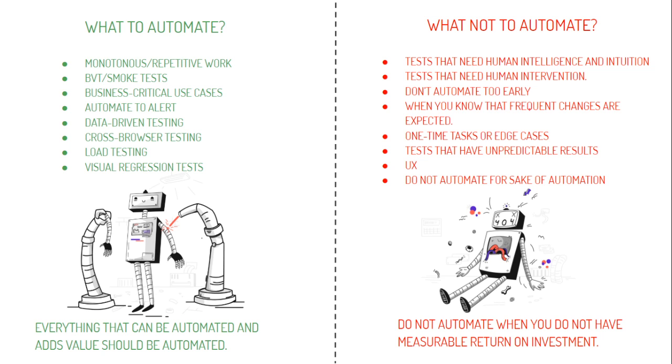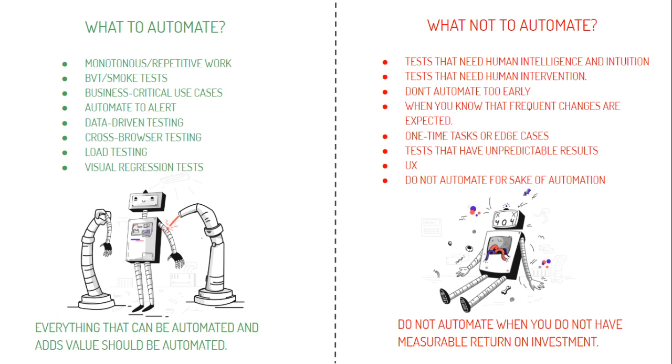So regression tests, your smoke tests and BDD tests are ideal candidates for test automation. You can also automate your business critical use cases. Some business critical use cases can lead to loss in revenue or reputation of your organization. You need to plan and automate these business critical use cases.